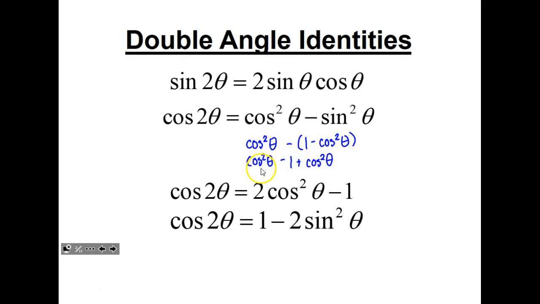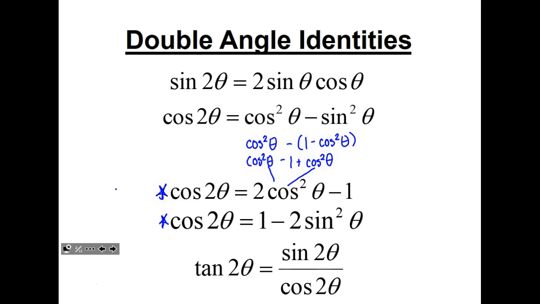And then if I put those two cosine squared thetas together, I would get 2 cosine squared theta minus 1. These bottom two are extra credit. So you don't have to have those memorized because you could still solve those even if you did not have those memorized. So these are bonus.